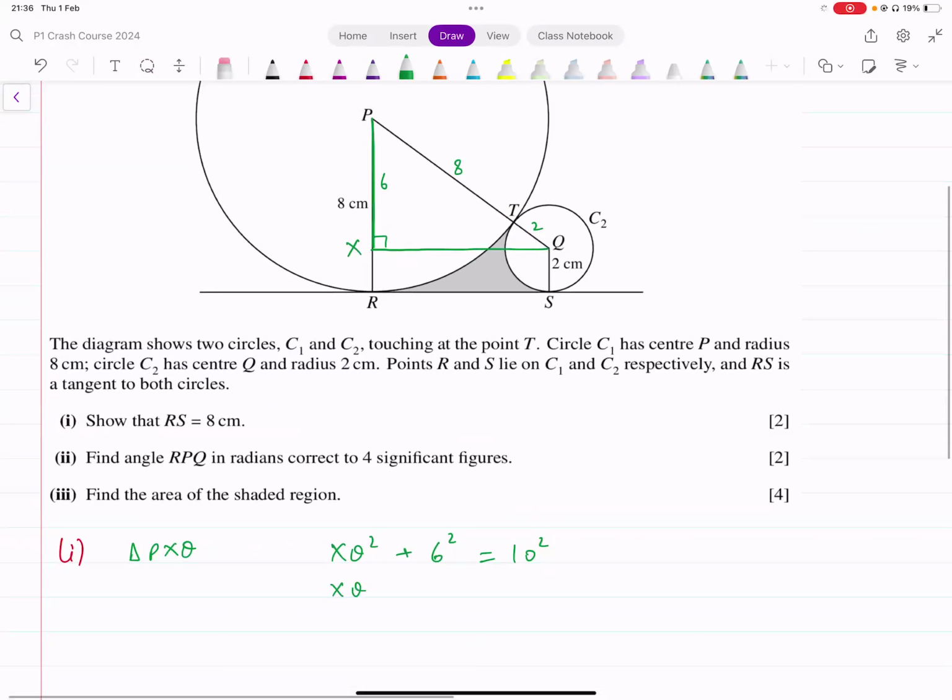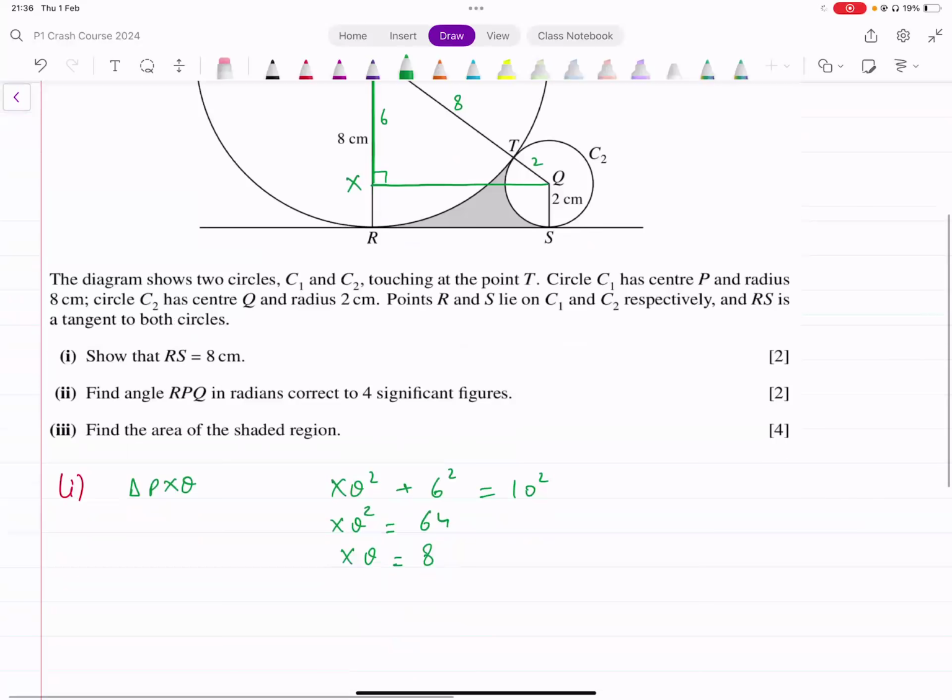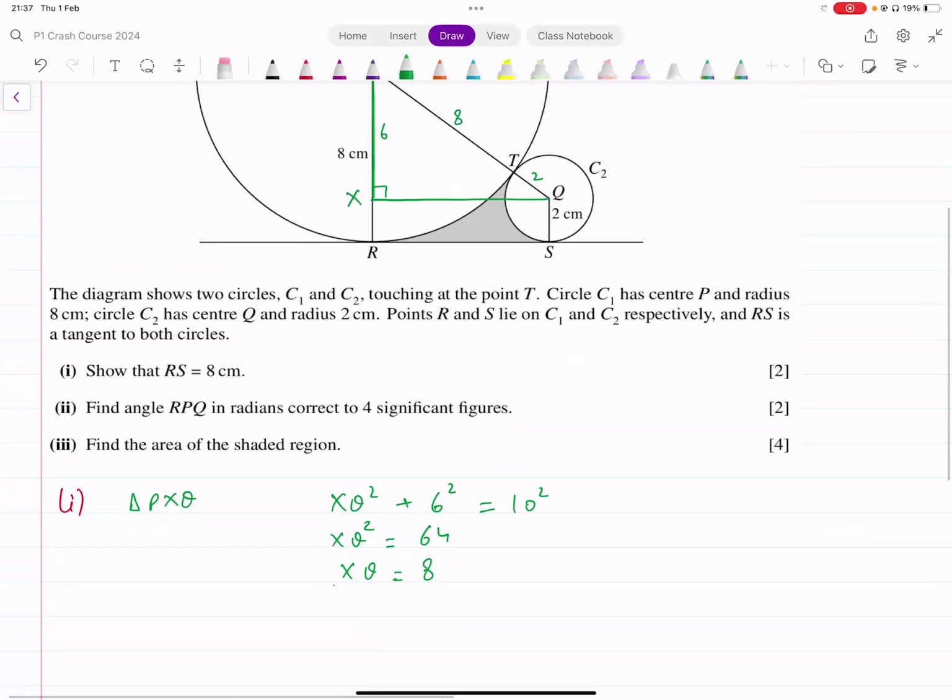XQ squared equals 100 minus 36, that is 64. And XQ turns out to be 8. That's what we were looking for. And if XQ is 8, that means RS is also 8.